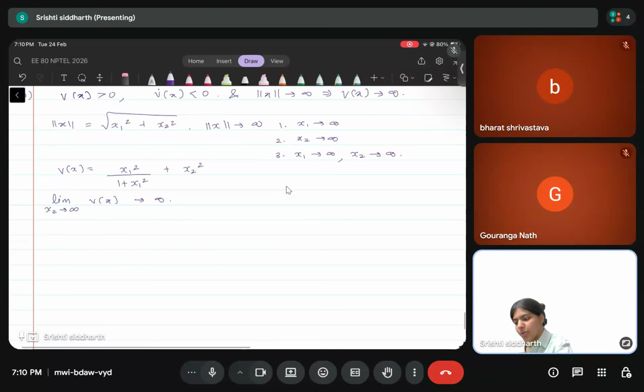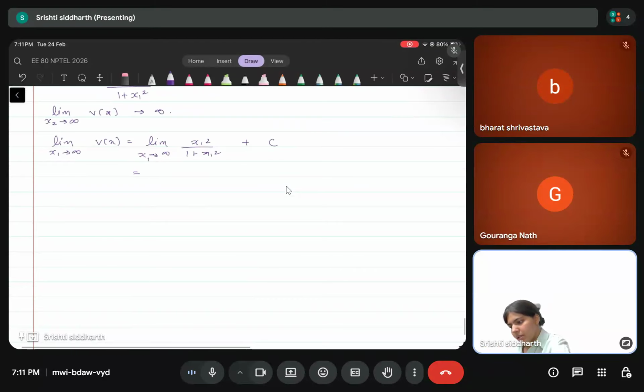However, if x1 tends to infinity, then we get the limit as x1 tends to infinity of this expression, plus some constant, right?